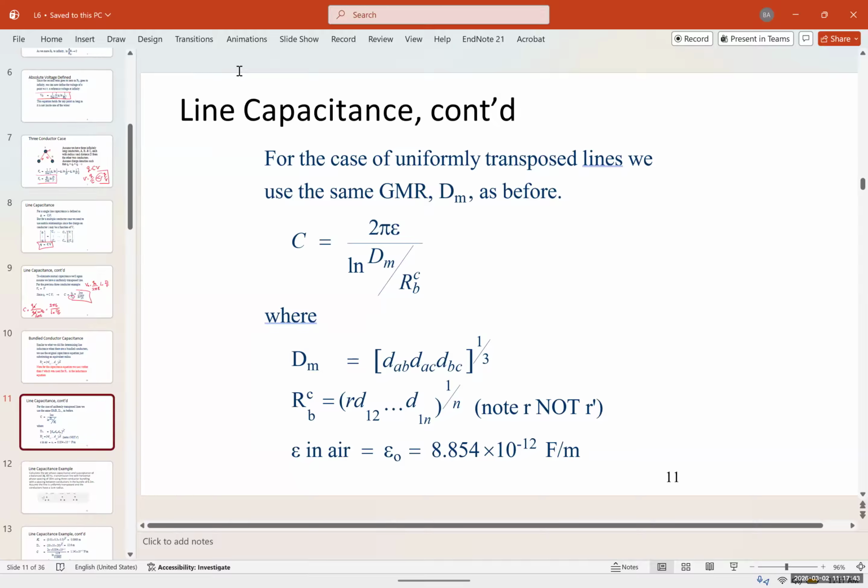So C is going to be 2 pi sigma over ln of DM over RBC, where DM is going to be DAB, DAC, DBC to the power of 1 over 3, depending on how many lines we have. If we have 4 lines, it's going to be DAB, DAC, DBC, DAD, and so on. But here, because we have 3 lines, the 3 phases A, B, and C.